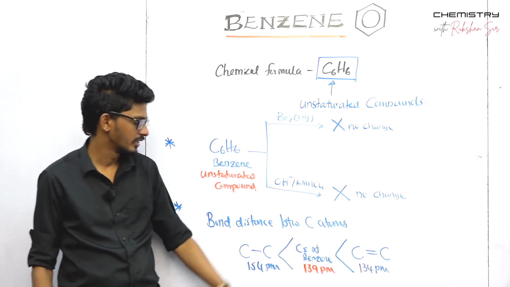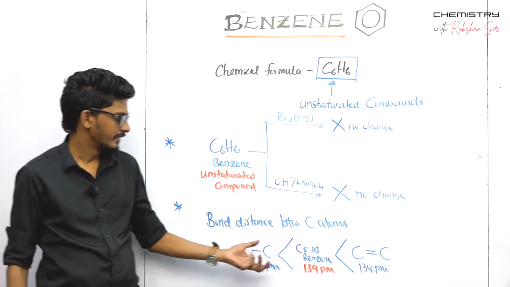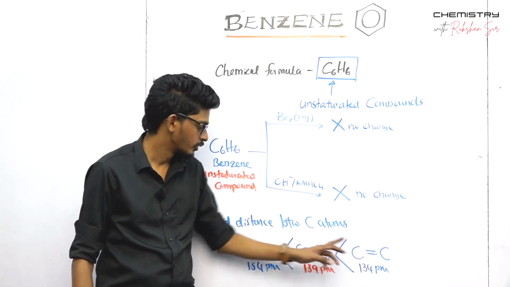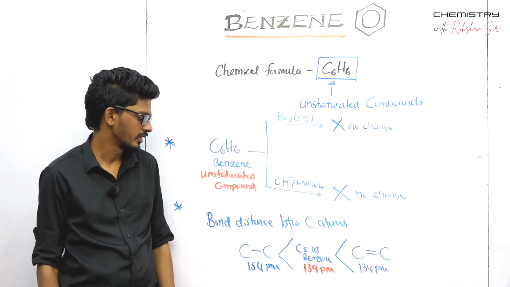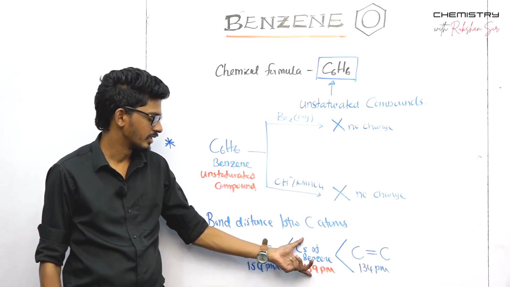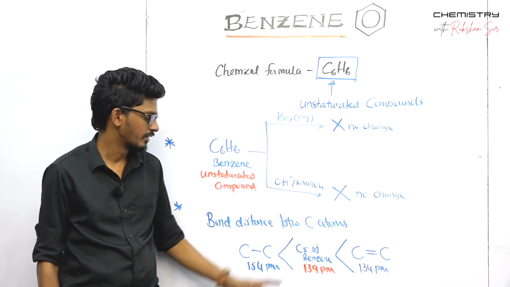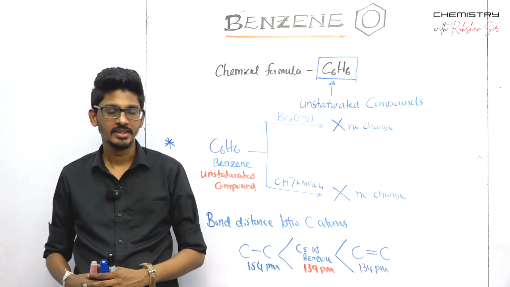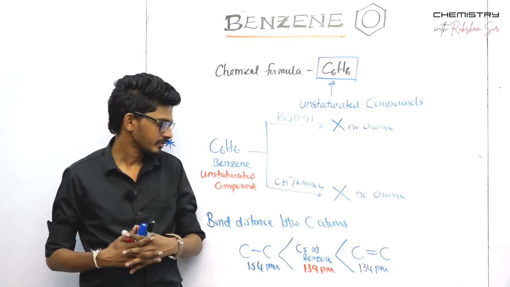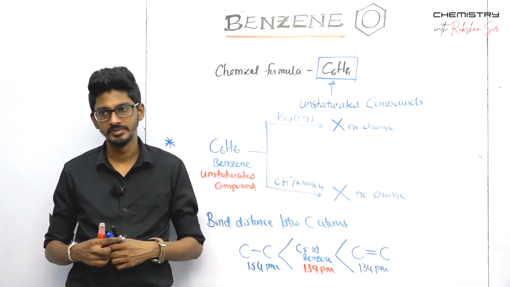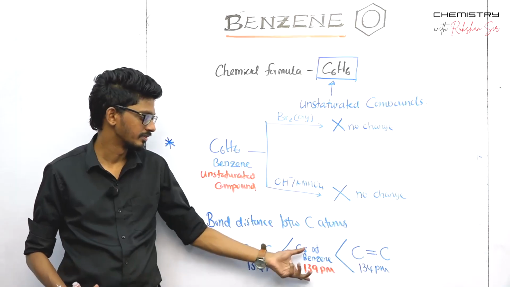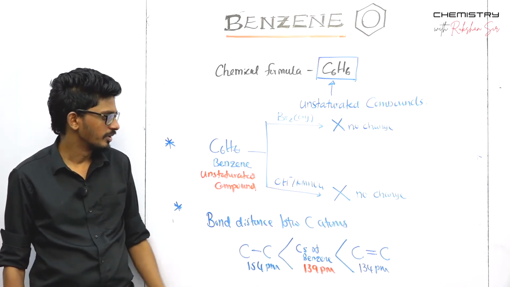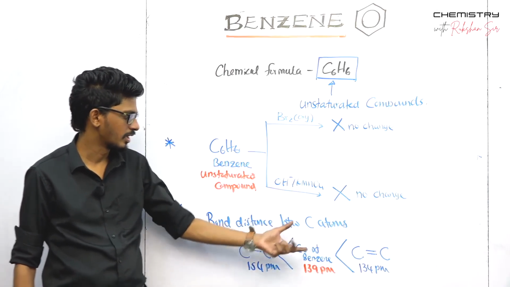So this also says that benzene has a special kind of bond which is neither a double bond nor a single bond, right? So benzene has carbon-carbon bonds with both double bond and single bond characters. So it's a kind of mixture, some hybrid nature is there with benzene. That is what we can ultimately think of, right? So benzene is carrying such kind of carbons.